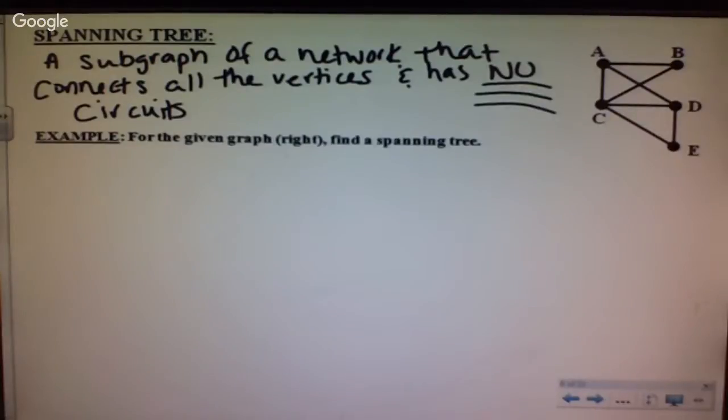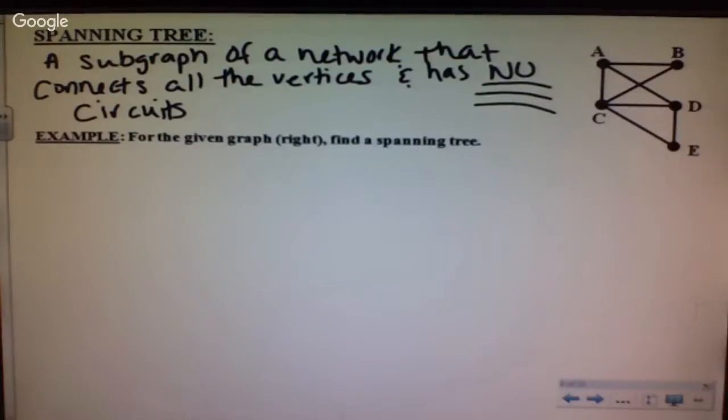Just like we did the subgraphs back on the first page, we're going to do the same thing. But this time we cannot create any type of circuit in it because it's now a tree. If you use what you just figured out, that the edges are always one less than the amount of vertices, that will help you create a spanning tree.